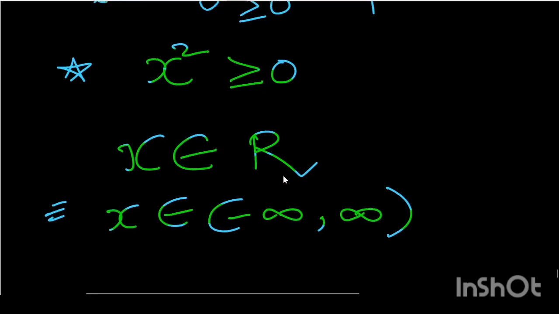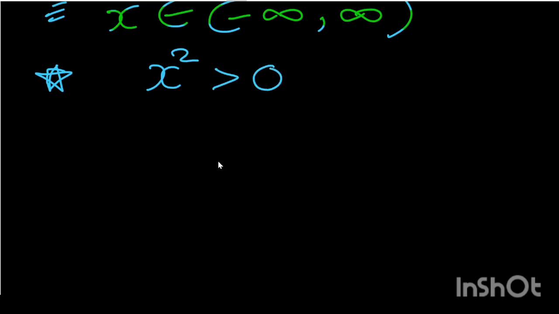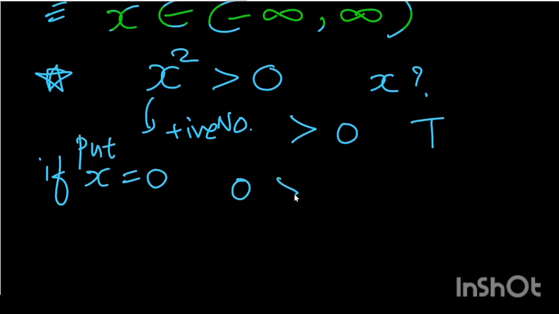Okay, what if x square is greater than 0? For what x will this hold? So guys, we can say that x square, since it's a positive number, is greater than 0, which is true. But if you put x equals 0 here, 0 greater than 0 would be a false statement.